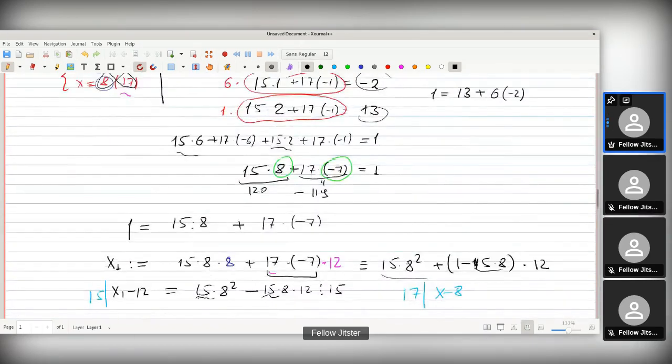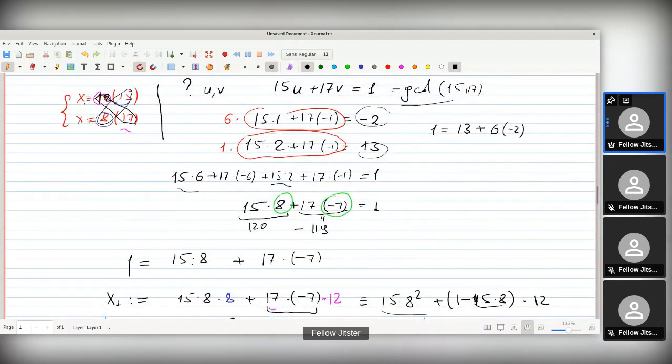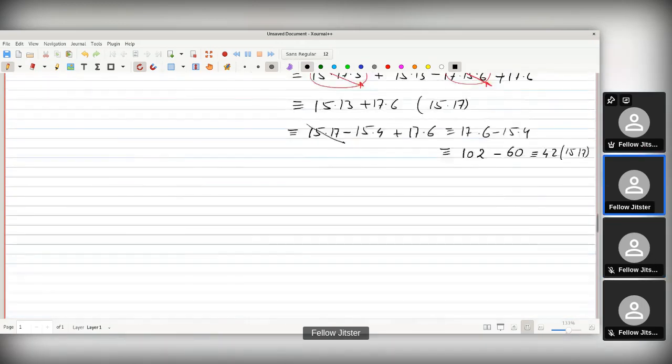But was it true? 42 modulo 15 is what? Is it 12 modulo 15? Yeah. But is it 8 modulo 17? 42 minus 8 is 34. It is divisible by 17. Do you agree? Yes.